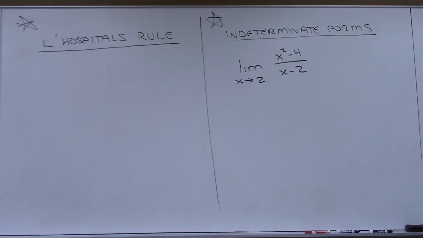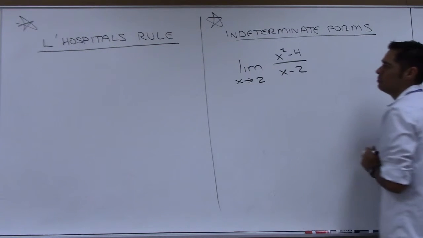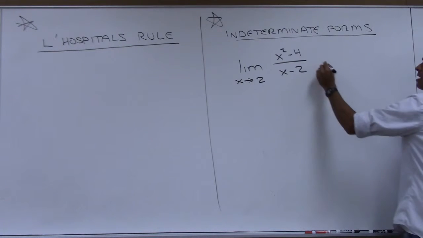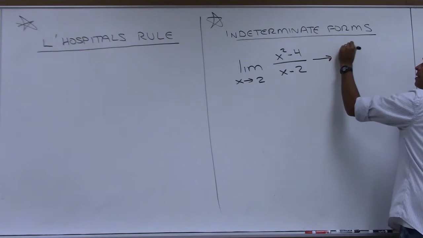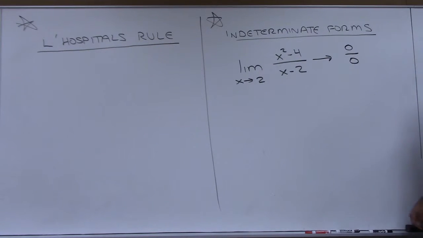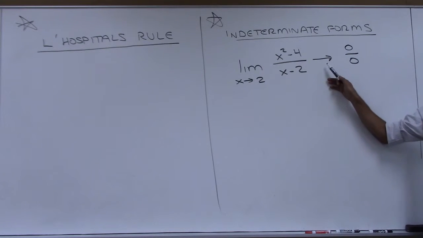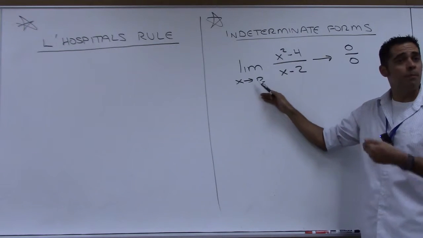Let's look at this. This is one of the most basic first limits we ever investigated. So what happens as x approaches 2? The top, I used to do this thing, right? 0 over 0, right? That's what we would write. And I wrote an arrow because I didn't want to say it was equal to 0 over 0, because we're not plugging in 2, right? The limit is saying what happens as you approach 2.